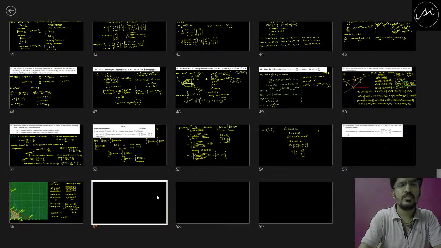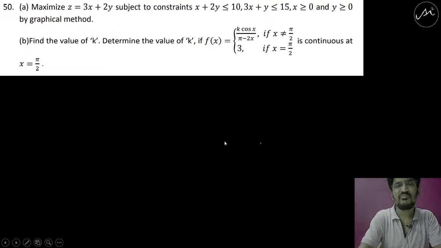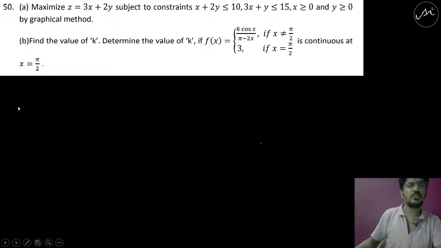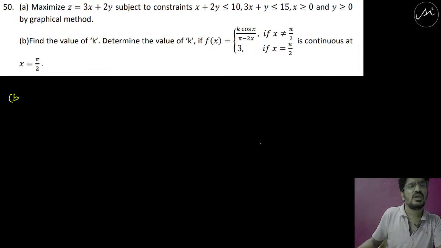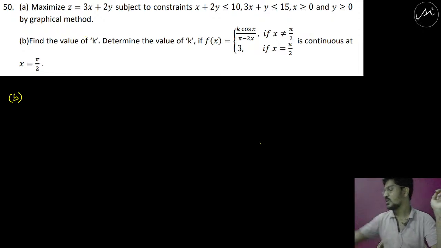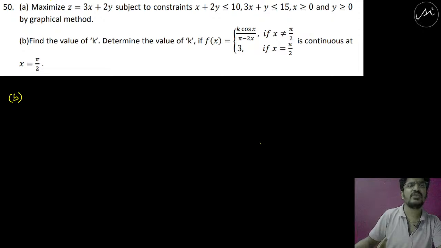Okay, to check what is problem B. Here the problem B is, find the value of K. Find the value of K. Okay. So how to find the value of K?